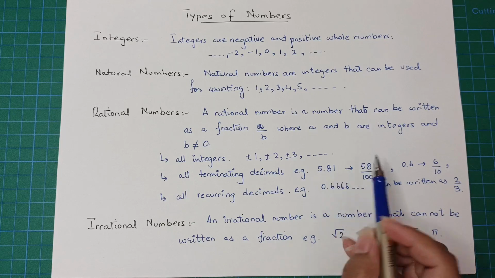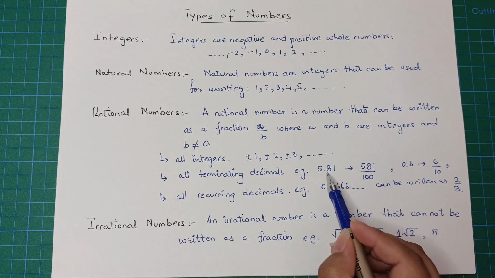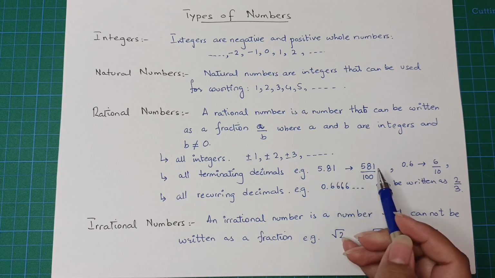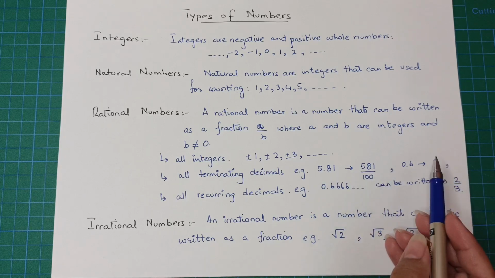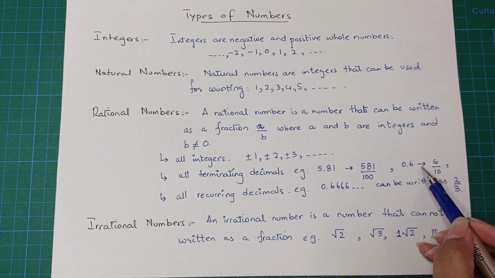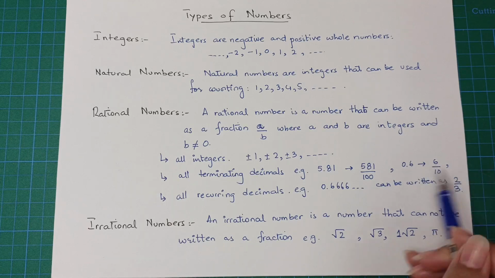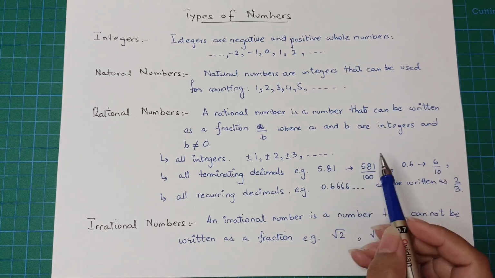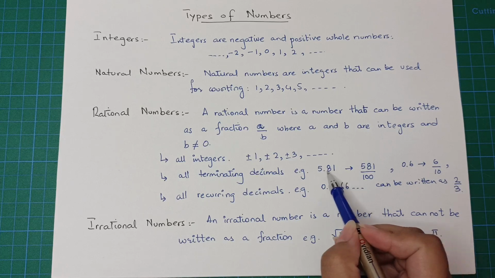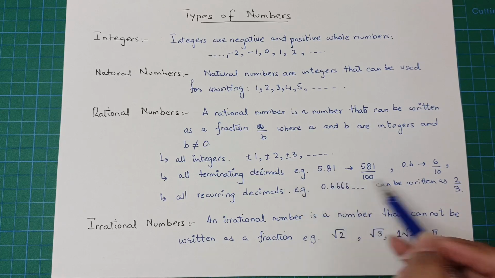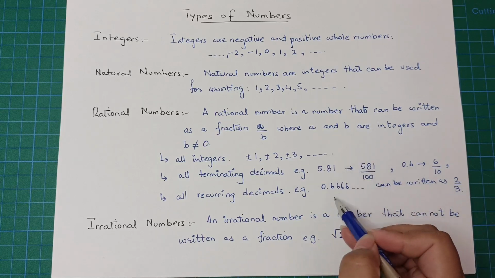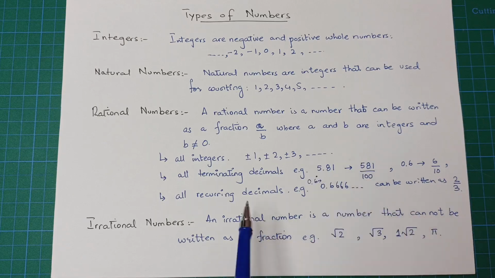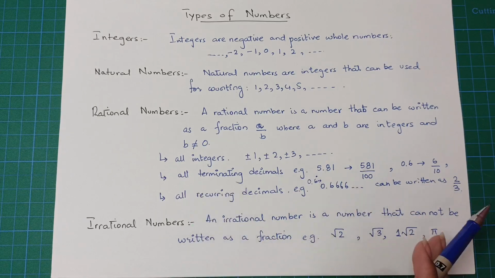We remove the point and put two zeros with 1 for the two digits after the point. Similarly, 0.6 can be written as 6 upon 10. Terminating decimals are those which don't continue forever, they stop at one point. Okay, so that covers the terminating decimals.